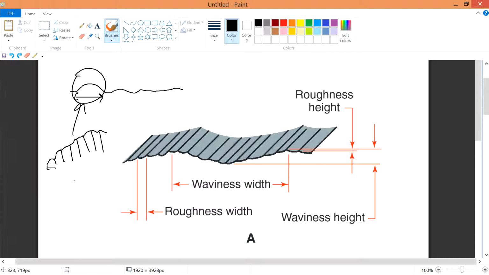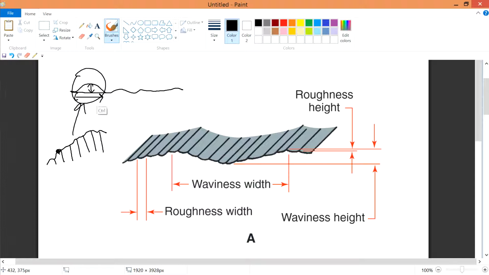I don't know whether I'm saying the right thing, but at least you get to think about it. Then the roughness height is in between them. This is the roughness height, between the peak of this point to this peak, and the waviness height is the total height.